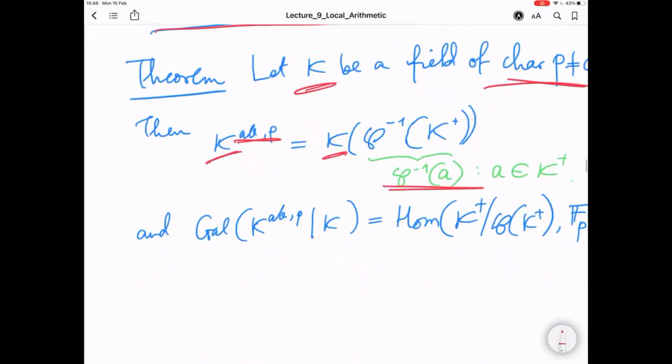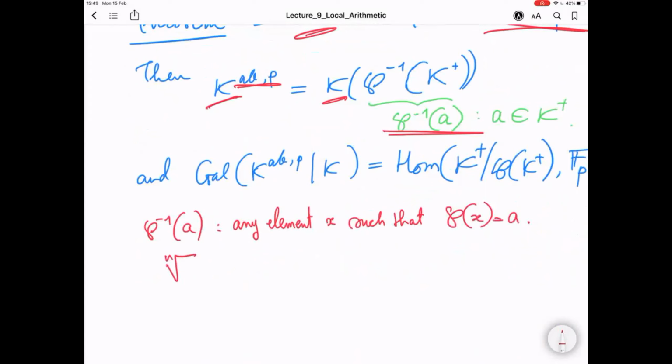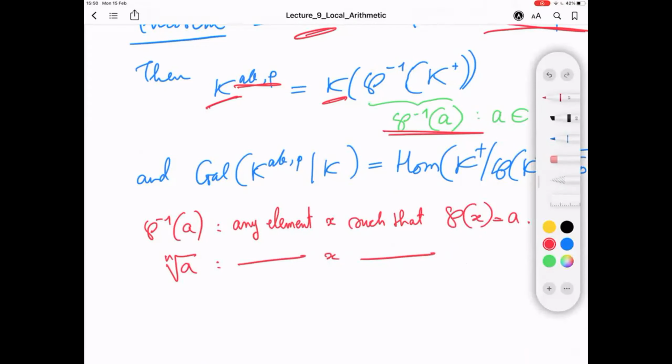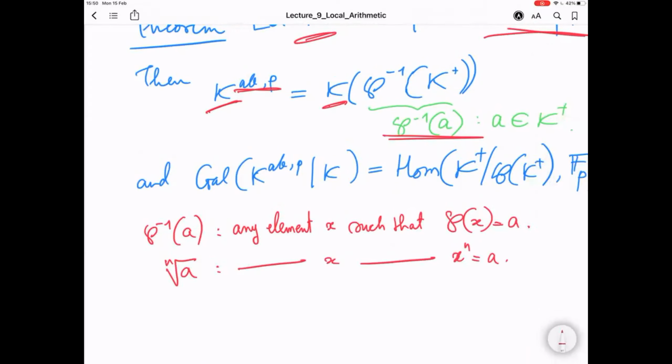So what is ℘ inverse of a? It is any element x such that ℘(x) is equal to a, just as the nth root of a is any element x such that x to the n is equal to a, right? So that's the notation.